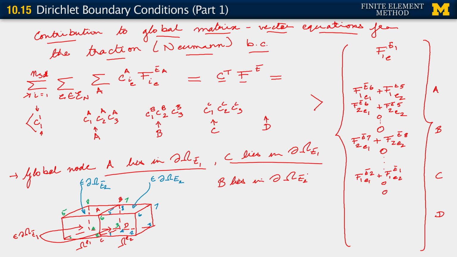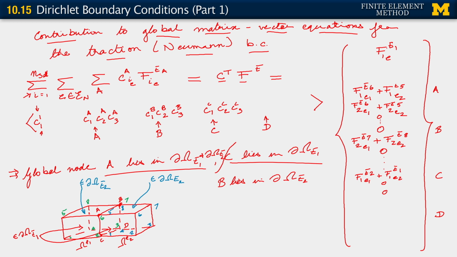But you note that the way I've drawn it, A lies in this and in partial omega t bar 2. There's a partition there. So node A, the way I've drawn it, is the only one that lies on 2 traction surfaces, C lies on 1 and B lies on 1, and which ones they lie in has been denoted here.